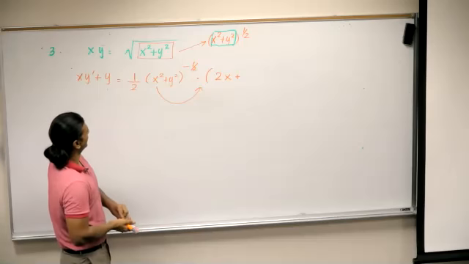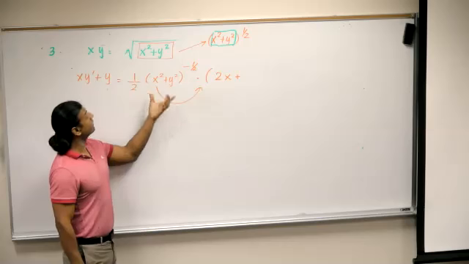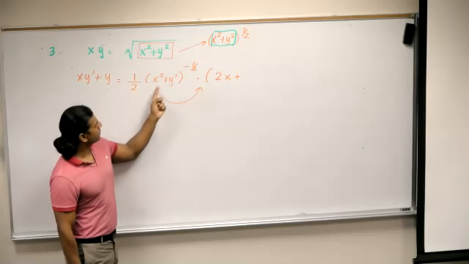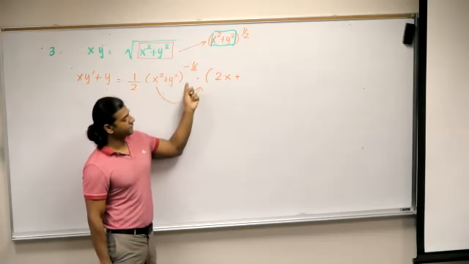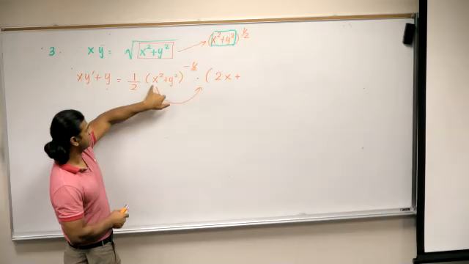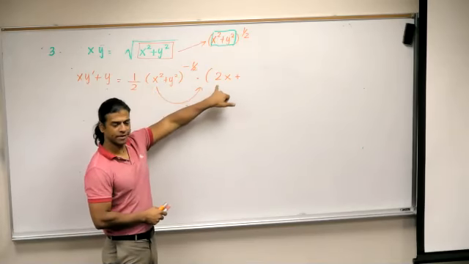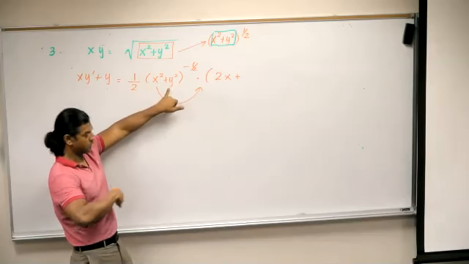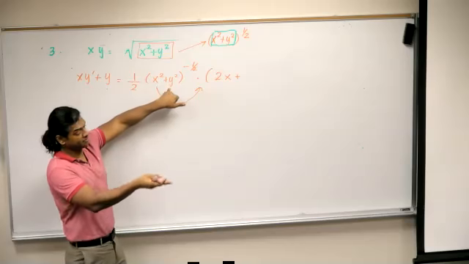Now we want to take the derivative of the inside because we have a function of x. Derivative of x squared, 2x. There is a y squared inside. Y squared is a function of x also.